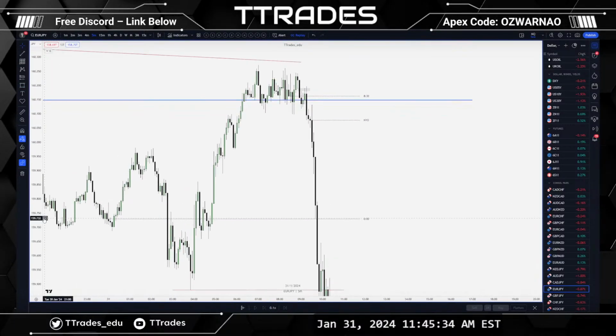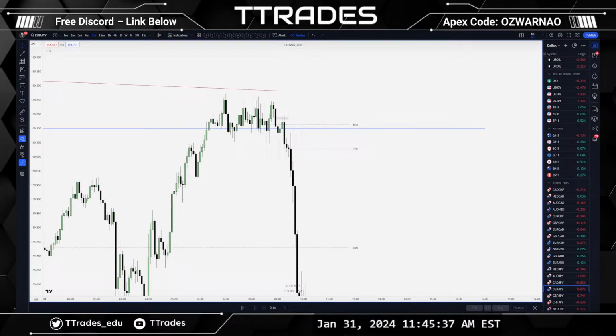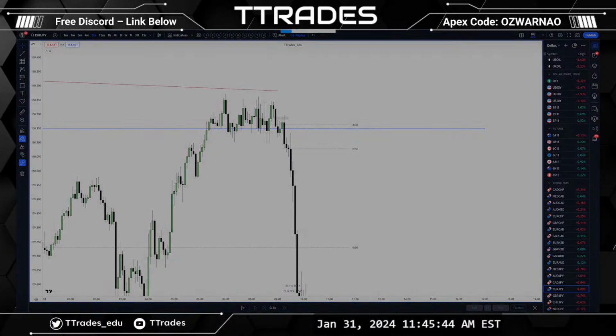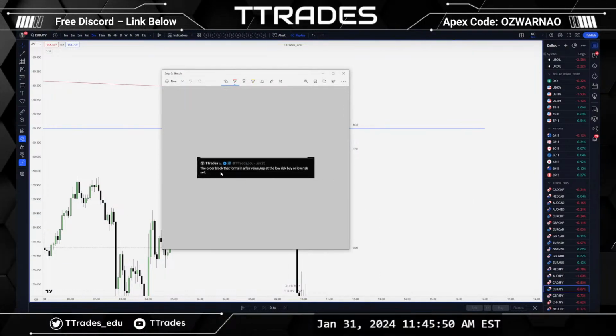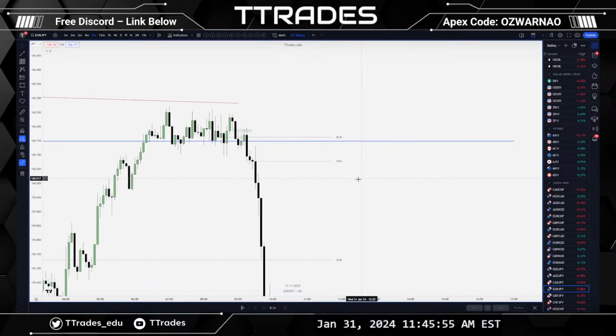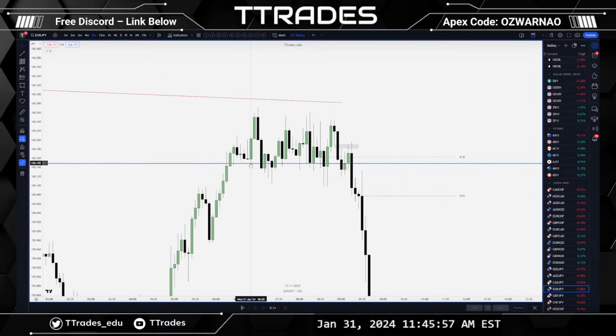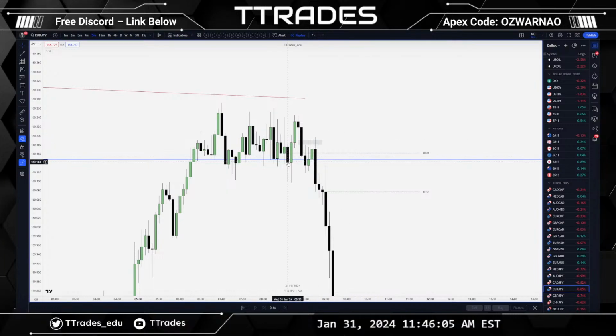If you saw my tweet yesterday, I'll actually pull it up. I said something very specific. I said this. The order block that forms at the fair value gap of the low risk buy or sell. So let's take a look. Okay. This could be low risk if you get in here, right? Any of this is kind of the low risk sell. But when we reach into the right time, displace, close below, right?